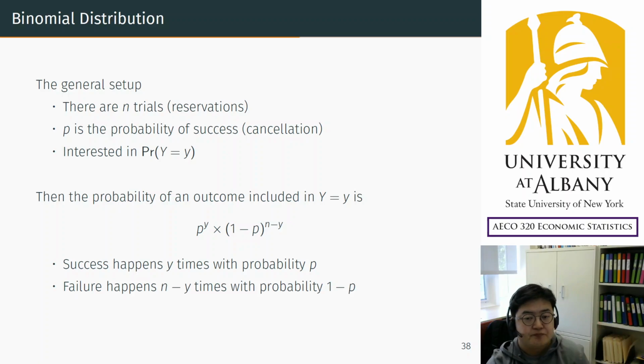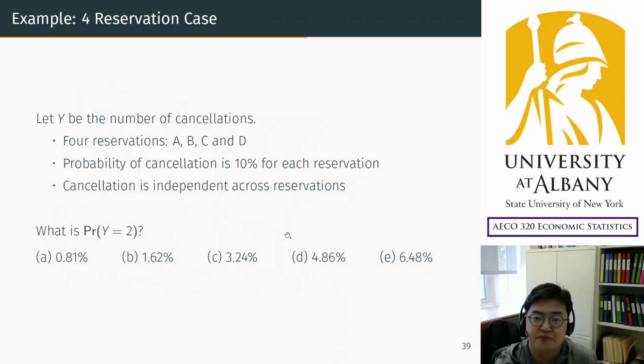But basically, there are two types, so you can classify them into multiplying p y times and 1 minus p n minus y times. So that is the second part of the probability in a general setup, right? So this is the success probability multiplied, and this is the failure probability multiplied.